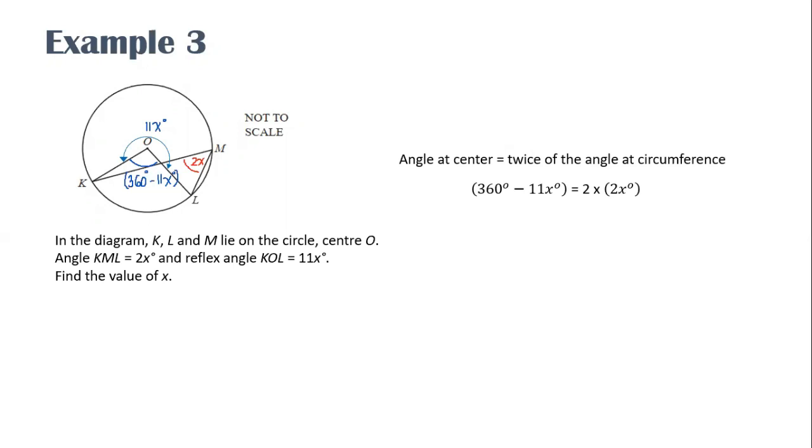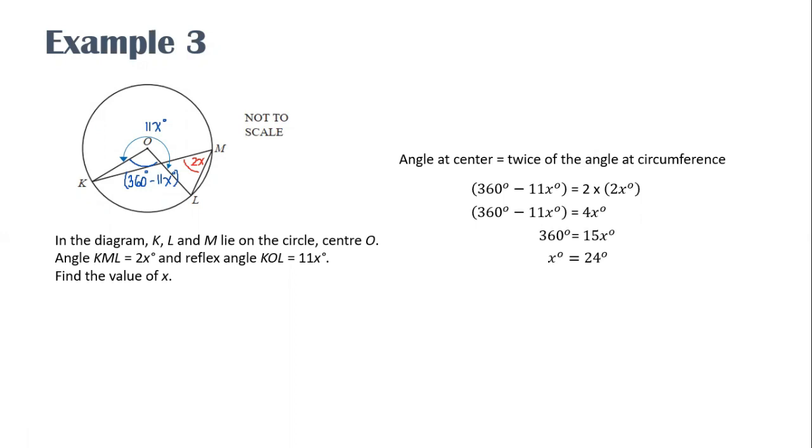Angle KML is the angle at circumference, right? Okay, so 360 degrees minus 11x degrees equals 4x degrees. So 360 degrees equals 15x degrees. Automatically, we found x is 24 degrees. So easy, right?